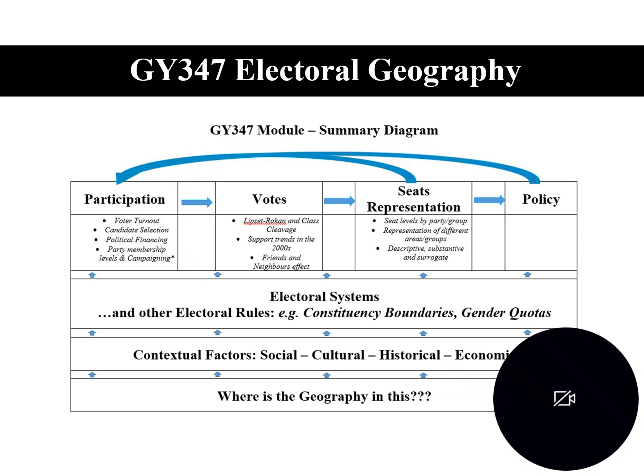Underpinning all this are contextual factors, but also the importance of geography and place, the idea that people vote in different places, that people's political behavior is shaped by the places that they live in.